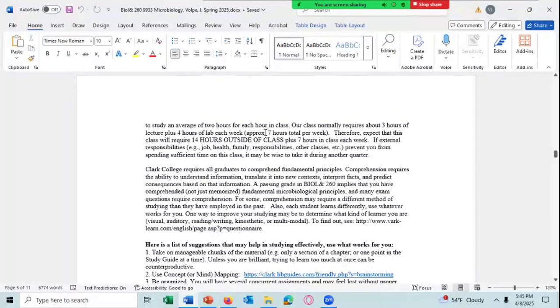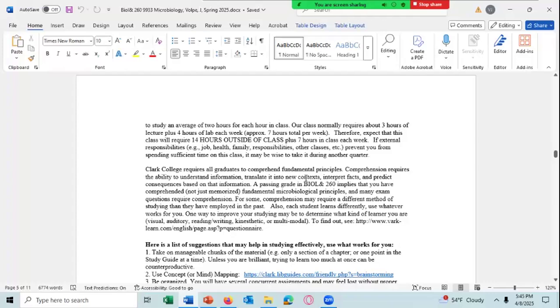So that's 7 hours per week, and that means you must have 14 hours of study time outside of class, plus the 7 hours spent in class. If external responsibilities prevent you from spending sufficient study time in the class, it may be wise to take this class during another quarter.